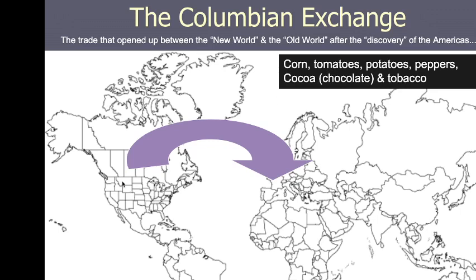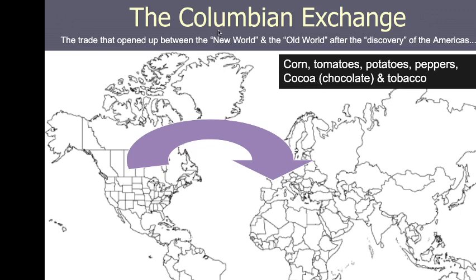When we think of potatoes in the United States, we think of French fries. And nobody in France had ever had a French fry, a potato, until the Americas were discovered. And when you think about chocolate, the best chocolate in the world is like Swiss chocolate or German chocolate or Belgian chocolate. Well, nobody in Europe had ever touched chocolate until the Americas were discovered.